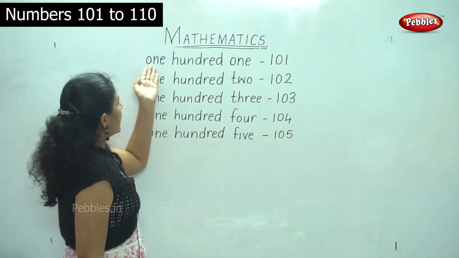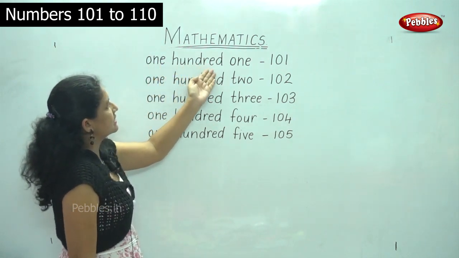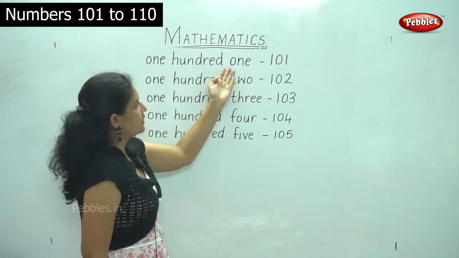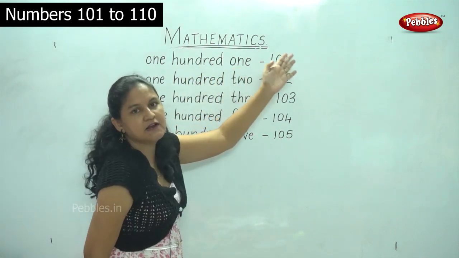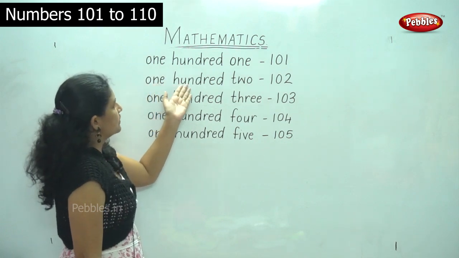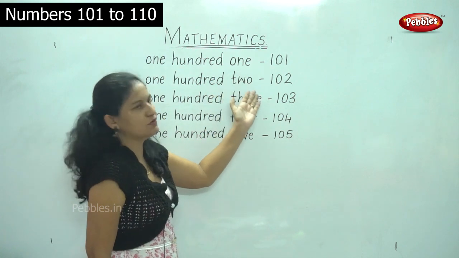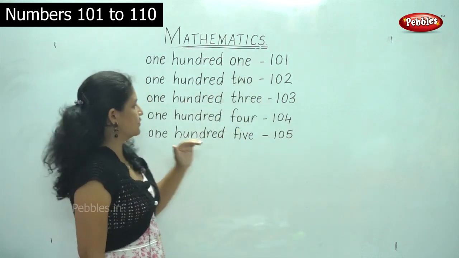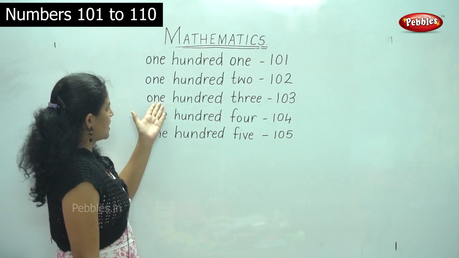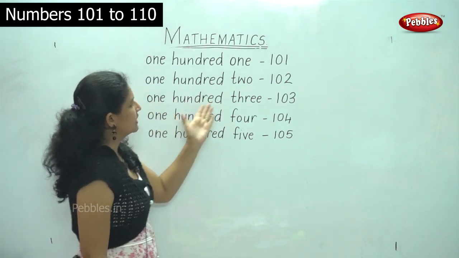So O-N-E, 1, H-U-N-D-R-E-D, 100, 1. O-N-E, 1, 101. O-N-E, 1, H-U-N-D-R-E-D, 100, 2. T-W-O, 2, 102. O-N-E, 1, H-U-N-D-R-E-D, 100, 3.